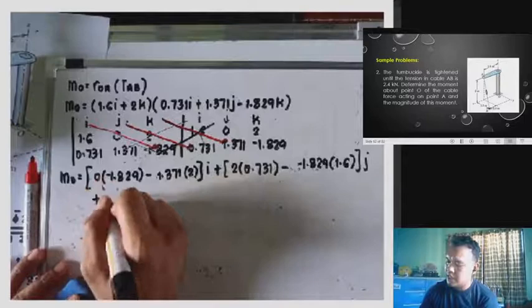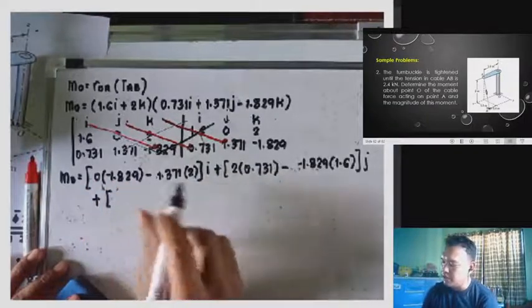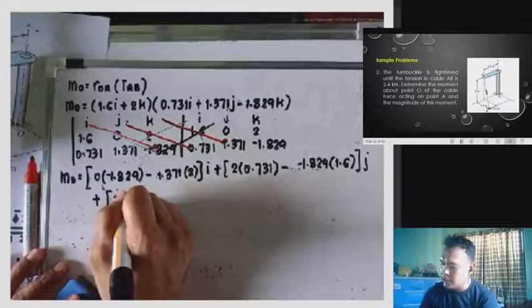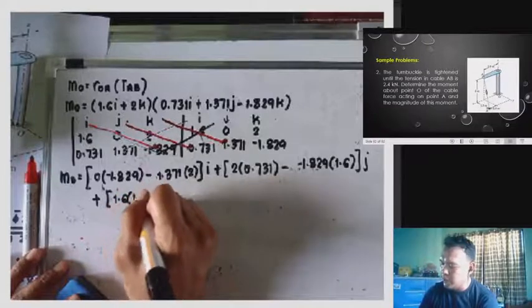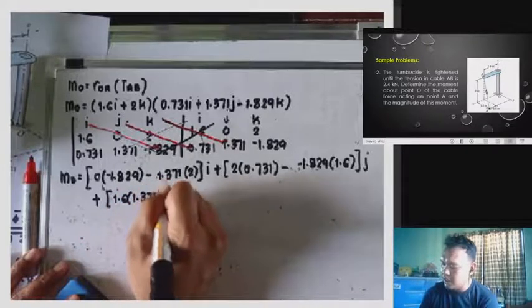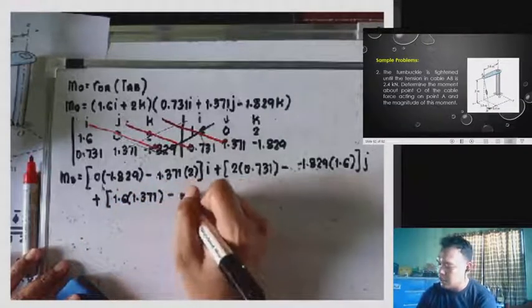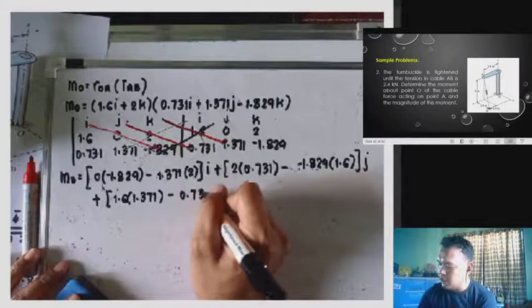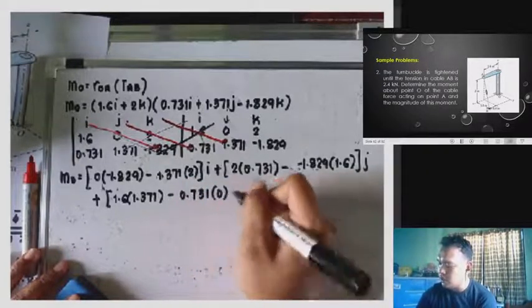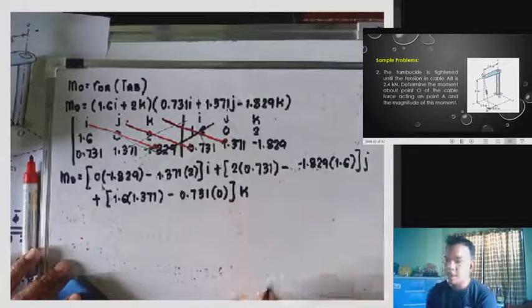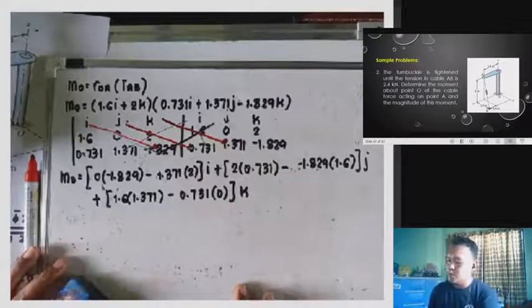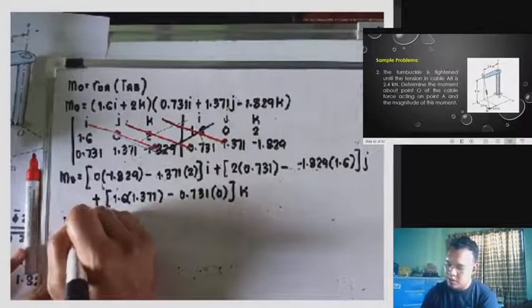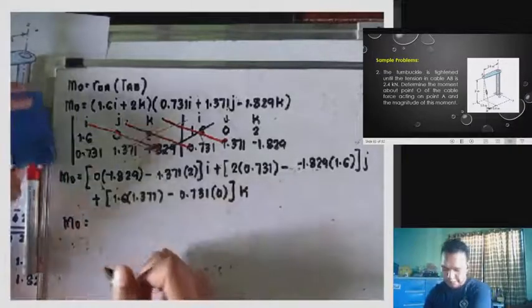Plus, yung K naman tayo. So, we have here 1.6 times 1.371 minus 0.731 times 0, K.